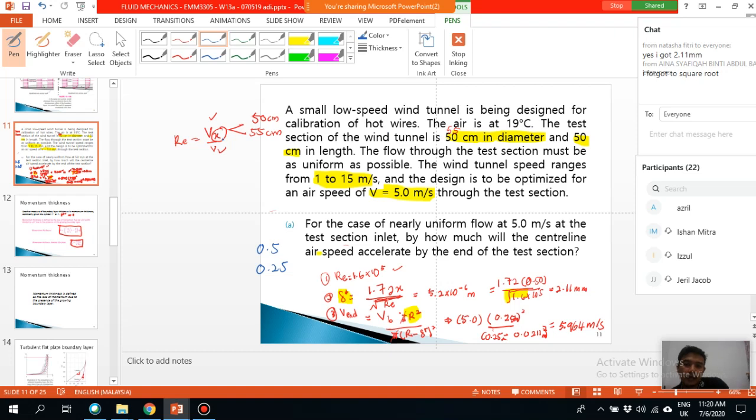55 or 50? The x. Not sure, doctor. Why not sure? Okay, one said 50. 50 or 55?